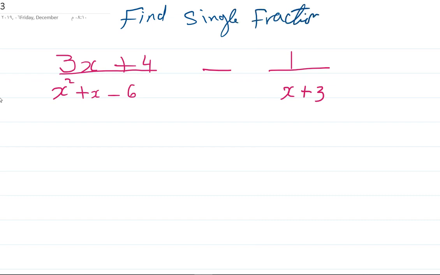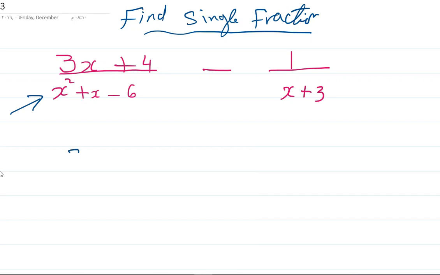We need to find the single fraction, and this is also from paper 2. First of all, when I check the numerator here, I find I have a quadratic expression. So before starting, you have to factorize the quadratic before searching for the common denominator.